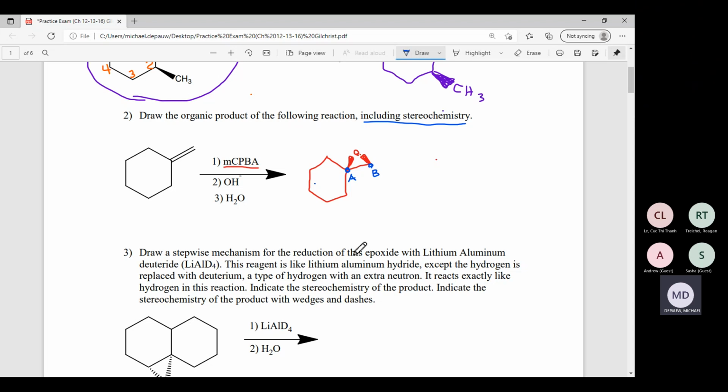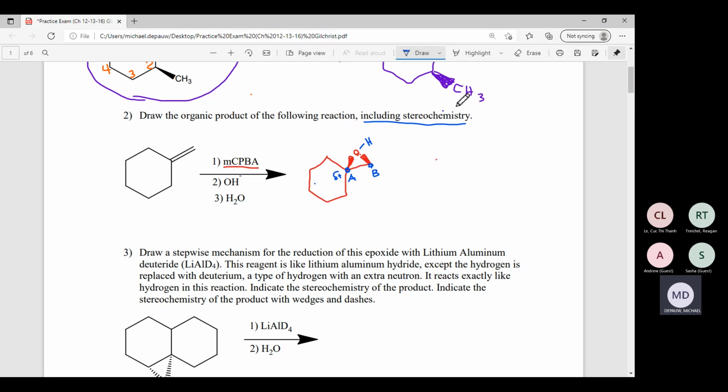The only way that you would attack carbon A instead of carbon B is if you had acid catalyzed conditions. For example, if this was H3O plus for the second step instead of OH minus, then you'd get protonation of the oxygen, and you'd effectively get a partial carbocation in this position, which would make it attractive to any nucleophile that would come in, like water.